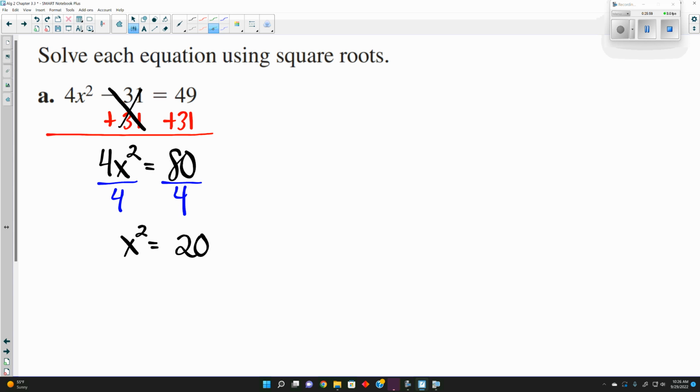So we need to... because what's the square root of x squared? Now the square root of 20, and this is where the TI-30XS, the other yellow calculators come in nice, is because they will simplify radicals for us.